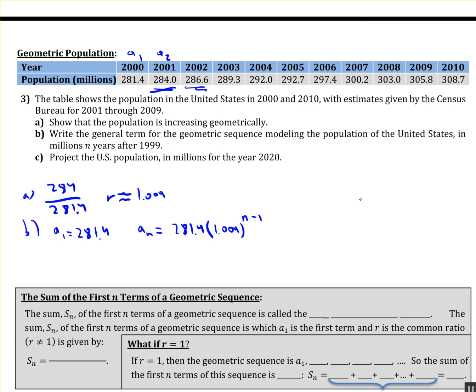Project the U.S. population in millions for the year 2020. In 2020, that is 21 years after 1999. So I'm going to have a21 is equal to 281.4 times 1.009 to the 20th, 21 minus 1, right?